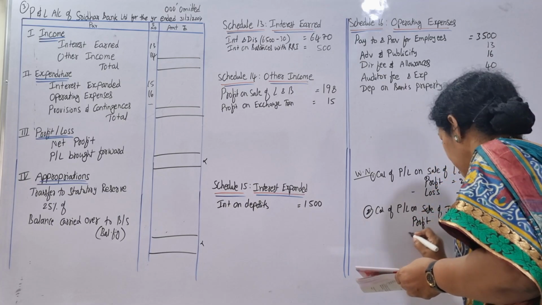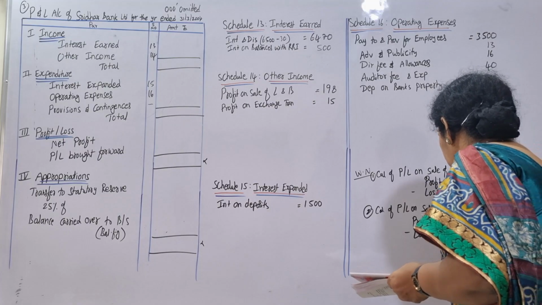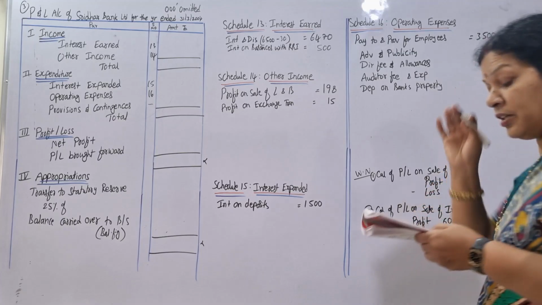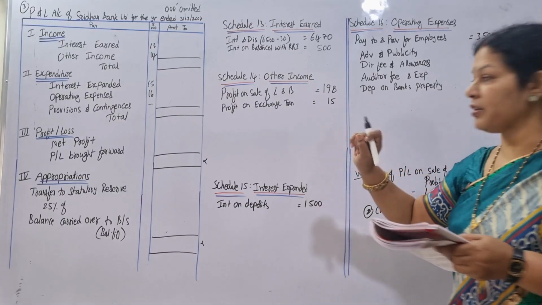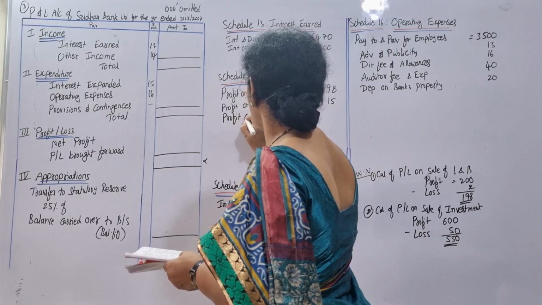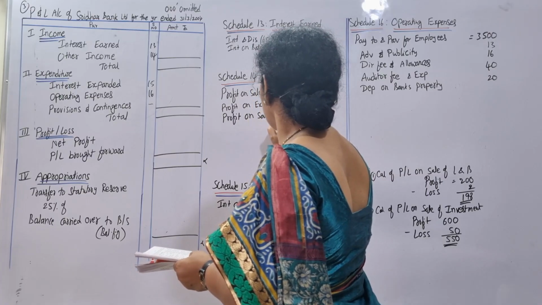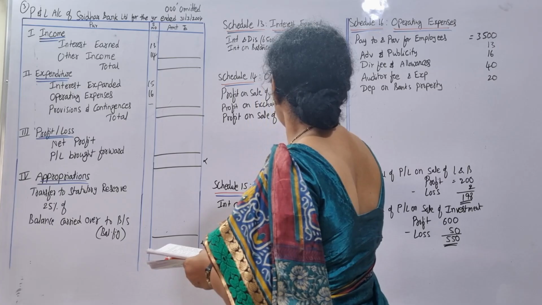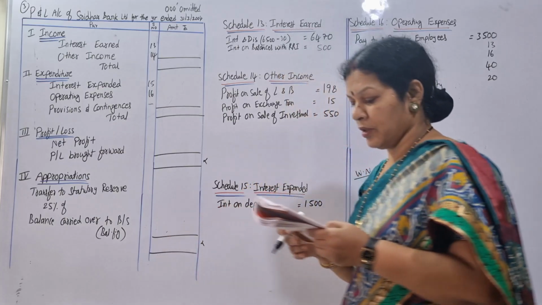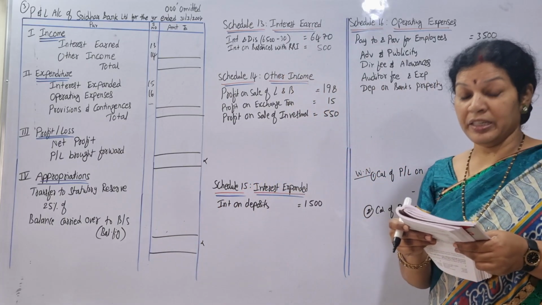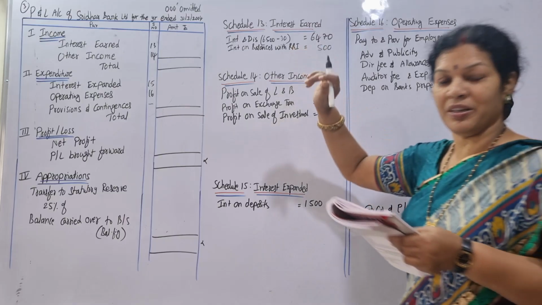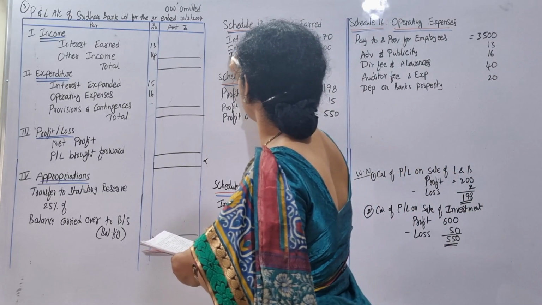Loss is here minus loss 50. So how much you got? 550. 550 is here profit. Profit means we'll write it in other income. Profit on sale of investment. 550. Next, income from investment. This is interest only. Okay, so schedule number 13. Income from investment.